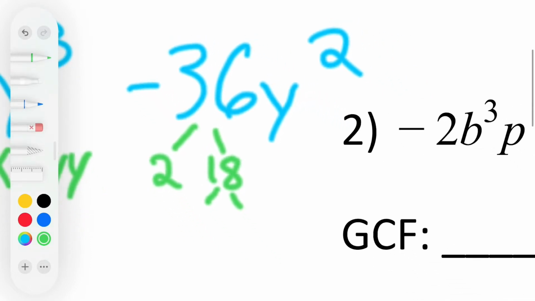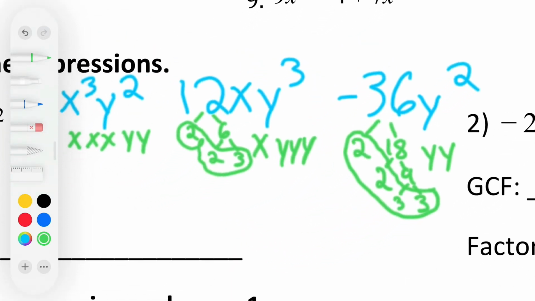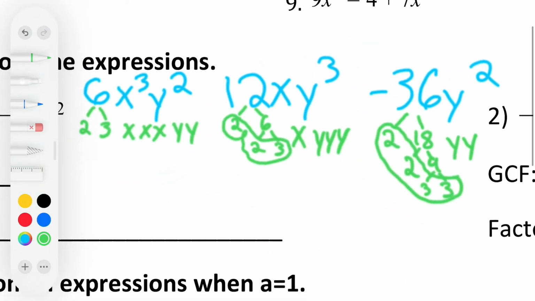Then we can keep going. 2 and 9, 3 and 3. So those would be our prime numbers that we're looking at. Then our y squared, we can expand it to y times y. So the purpose of doing it this way is if you can't visualize all of the factors and what the expanded form looks like. Because then you have to ask yourself, what do they have in common?